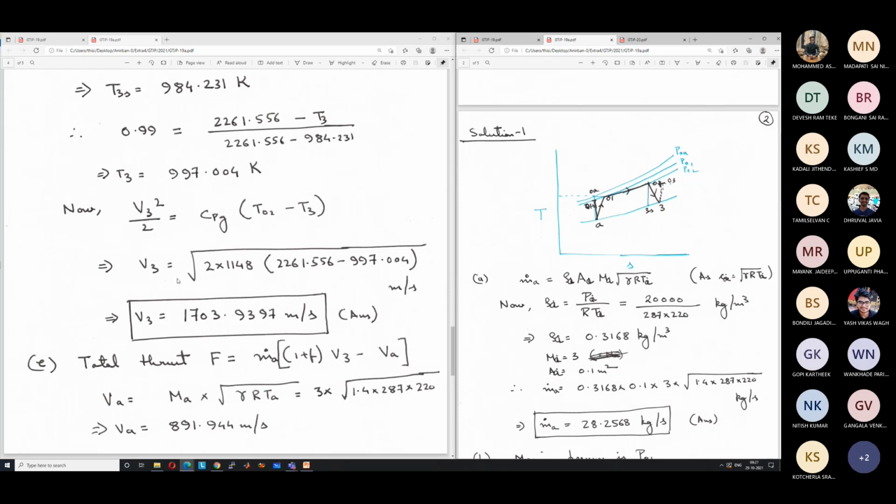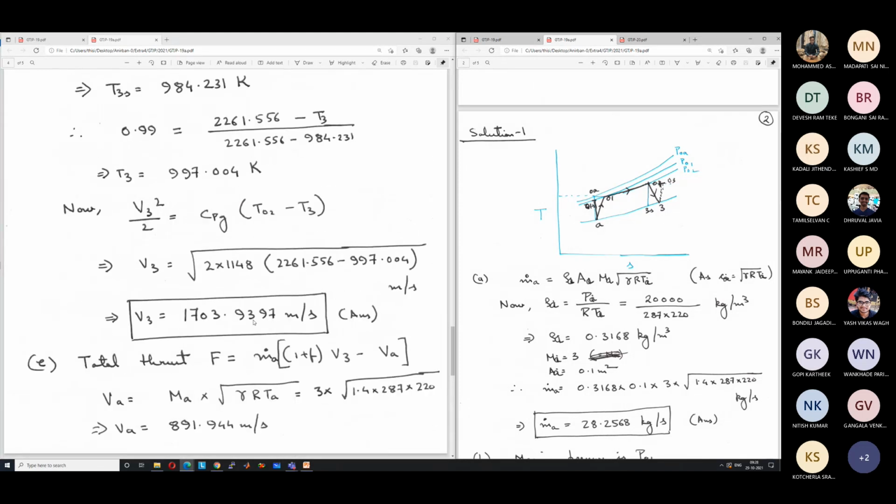You are using SI units, so when calculating the velocity, you have to write joule per kg Kelvin. Otherwise, you will get a wrong value. So V3 comes out to be 1703.9397 meter per second. You can see that this is a very large value. Although the intake velocity itself was quite high, the exhaust velocity is very high.